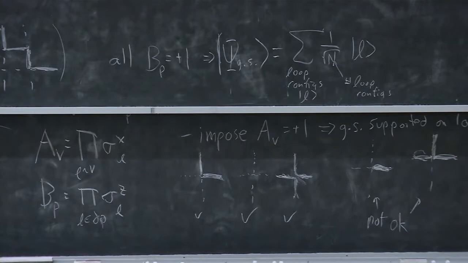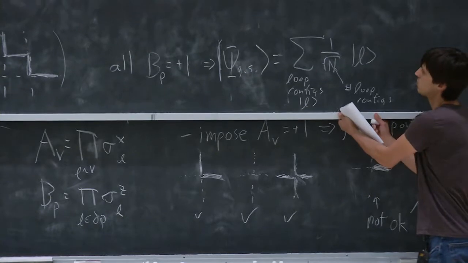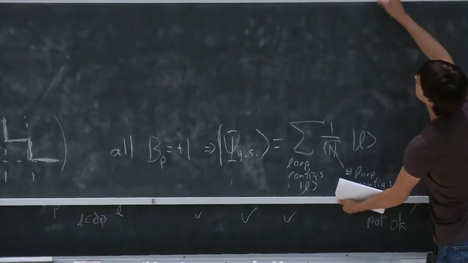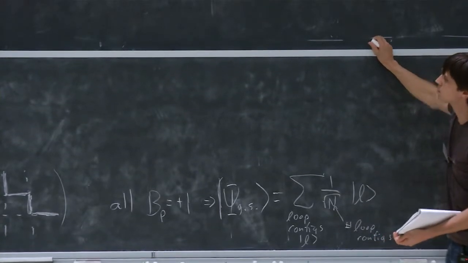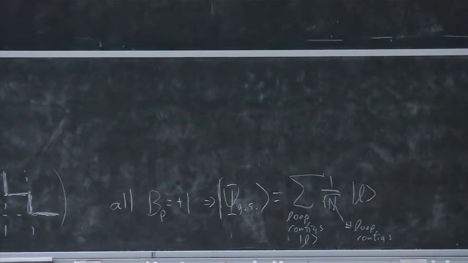So that's the model. Now remember, the reason I originally introduced this model is as a criterion for topological order. I'm claiming that this model is the first non-trivial example which satisfies that criterion.